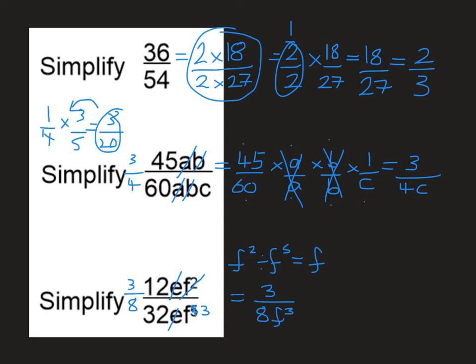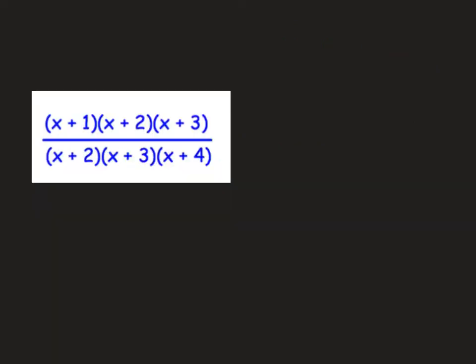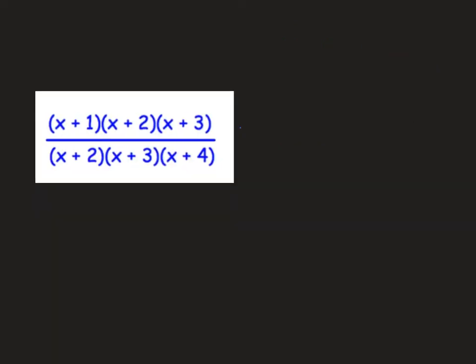Okay, so applying this technique to more algebraic ideas. Here, again, I could rewrite that if I really wanted to as x plus 1 over x plus 4 times, well, there's an x plus 2 on the top and there's an x plus 2 on the bottom.